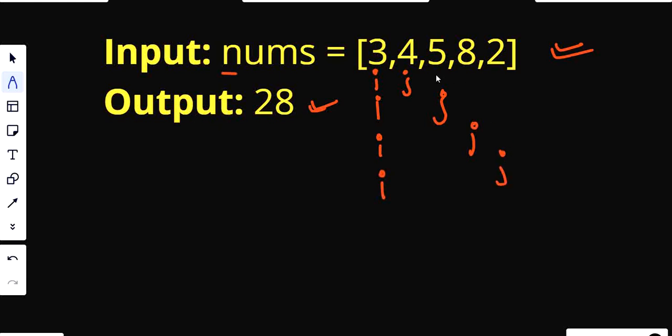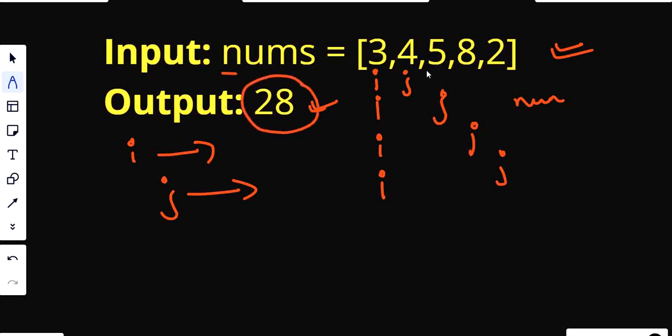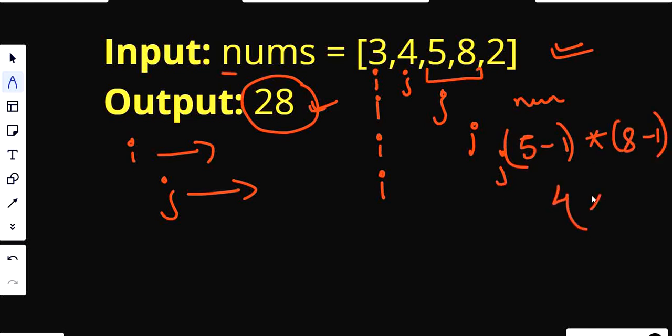So for that, I can run two loops, one for i and one for j, and then I can check that formula, nums[i] minus 1 into nums[j] minus 1, and calculate the value. So if I see here, 28 is being obtained by 5 and 8, right? That is 5 minus 1 into 8 minus 1, 4 into 7.